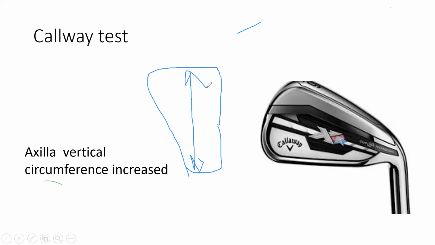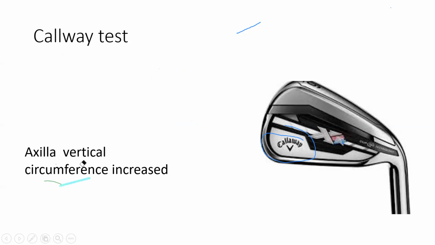I don't know how, but this is the way you should remember. The Calvé test is a test in dislocation where, because of the deformity of the shoulder, the vertical circumference of your axilla increases. Calvé is a golf company. I found it somewhere. That's why it is known as Calvé's test.